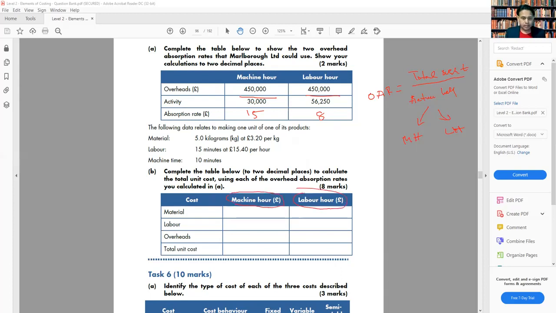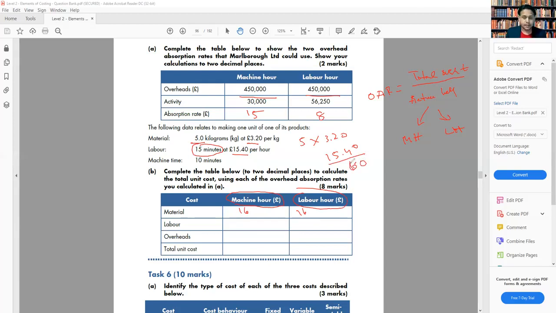Okay. So the material we have 5 kilo and 3.20 per kilo. So 5 times 3.20 will give us 16 pounds for both. Labor 15 minutes and 15.40 per hour. So 15.40 per hour, I need to convert to a minute because the question gave me the minutes. So 15.40 divided by 60, because in 1 hour there are 60 minutes, isn't it?